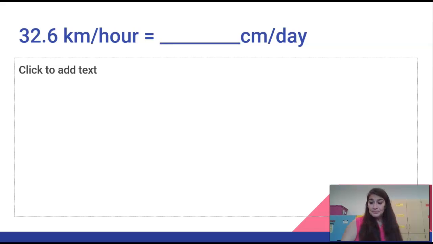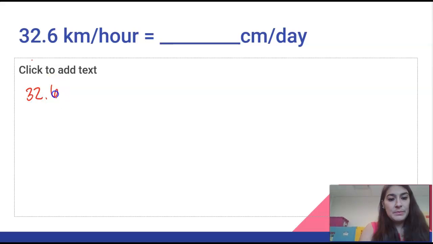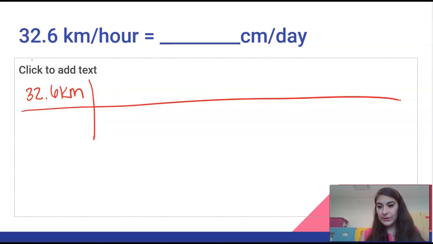So I am given 32.6 kilometers per hour. That is my given, and so that is still where I start. 32.6 kilometers. Now, remember earlier that first box under our given was blank?